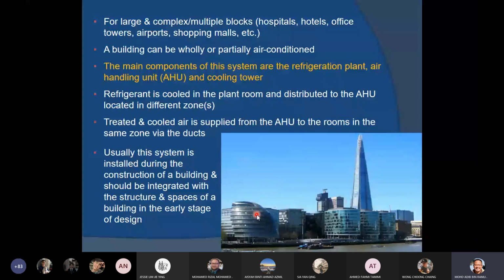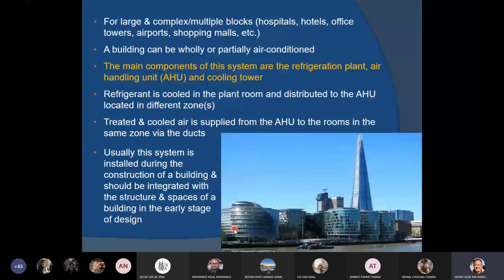This is where the role of an architect is quite important, especially for this kind of air conditioning system, because you need to incorporate the components. You need to arrange where to put the plant room and where to put the AHU rooms so that they don't interfere with your design. That's why zoning is very important in design.